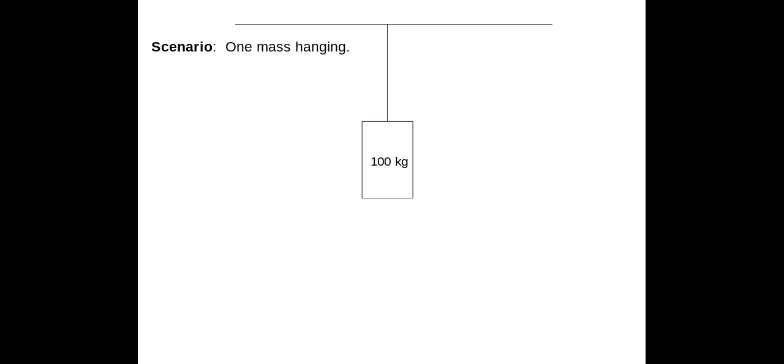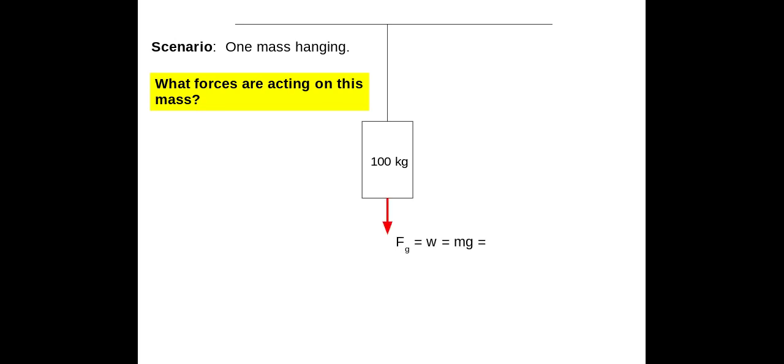All right, so let's start with this example, the 100-kilogram mass hanging from the ceiling. What forces are acting on the mass? Well, we have weight straight down, the force due to gravity, mass times gravity. In this case, it comes out to negative 980 newtons. But we also have the tension acting up on this object.